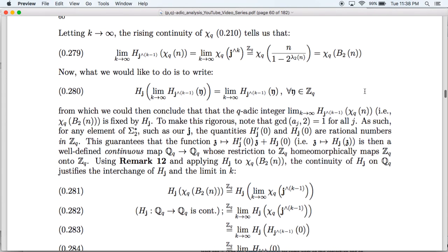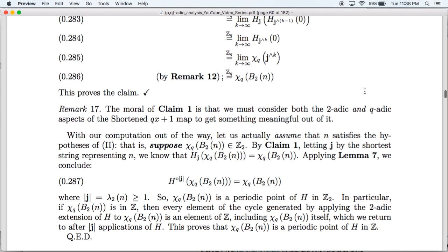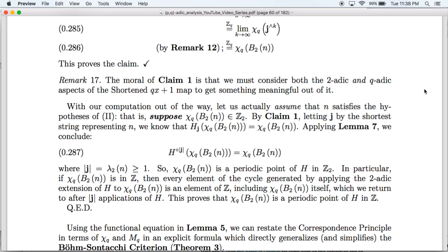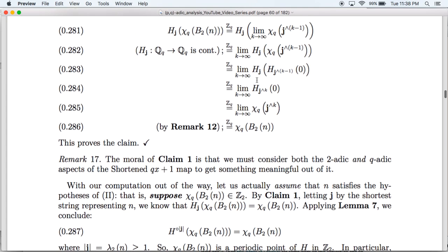So now let's assume the hypotheses of part 2. Suppose that chi-q of b2 of n is a 2-adic integer. Then, letting J be the shortest string representing n, we know that this 2-adic integer is fixed by this map. So again, this fixed condition occurs q-adically.